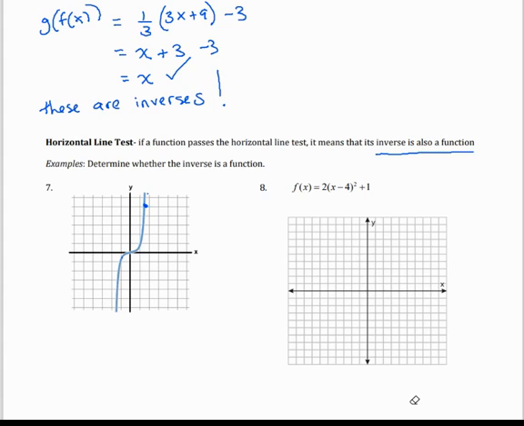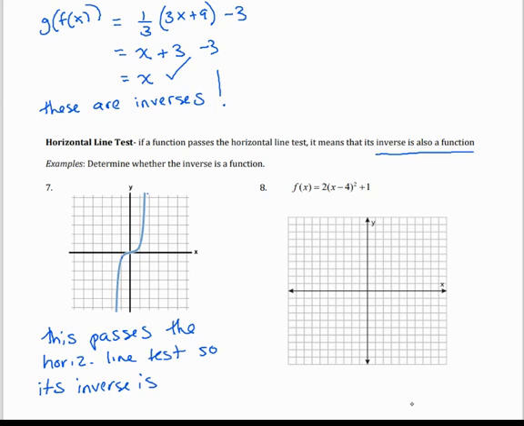And I keep on going all the way down, and I can see a horizontal line will only hit that blue curve once along every spot. So therefore, this passes the horizontal line test. So its inverse is a function.